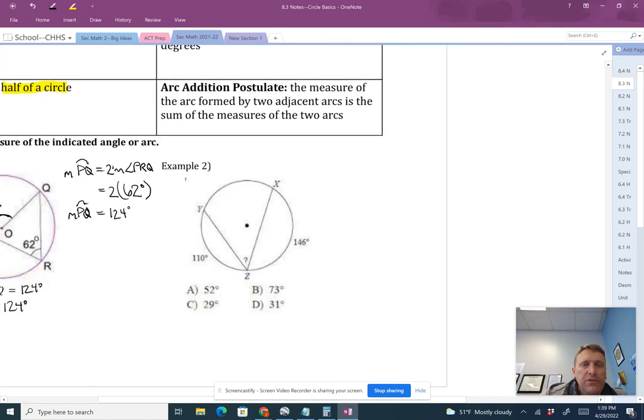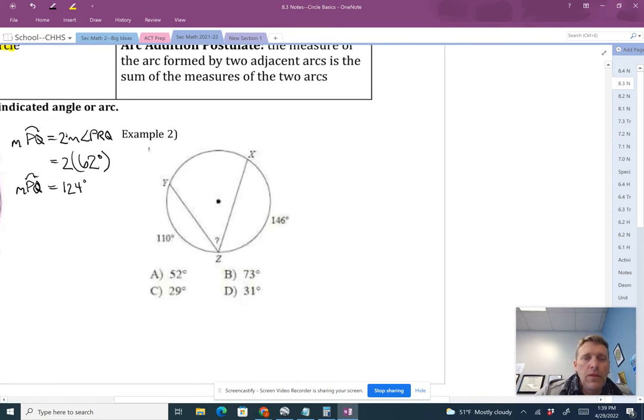And then when we look at example 2, we know that the measure of arc xy, plus the measure of arc yz, plus the measure of arc xz, all of that, because it's a full circle, would be 360 degrees.